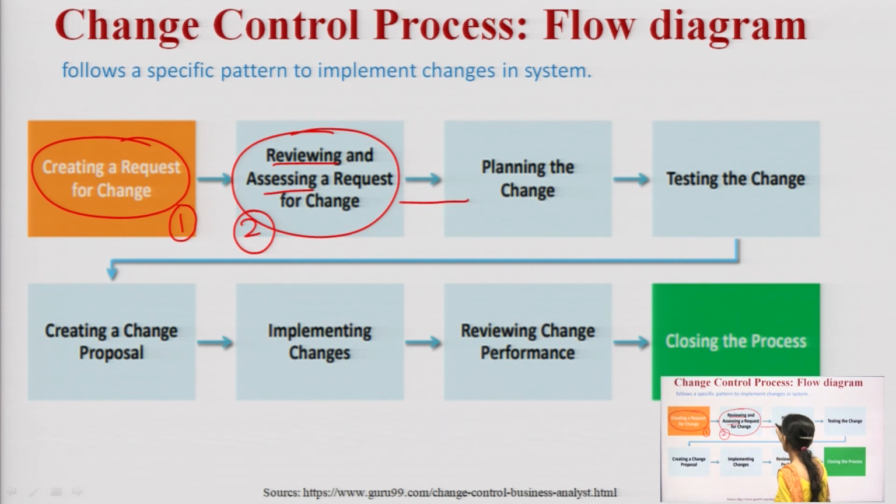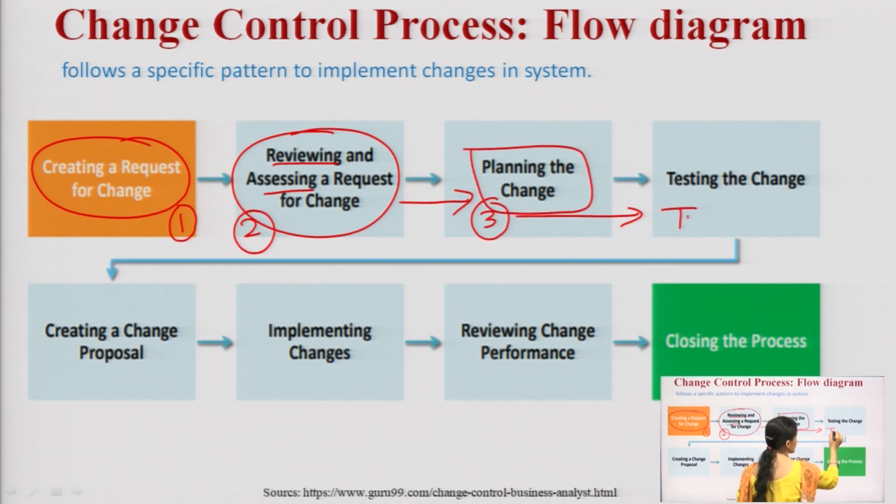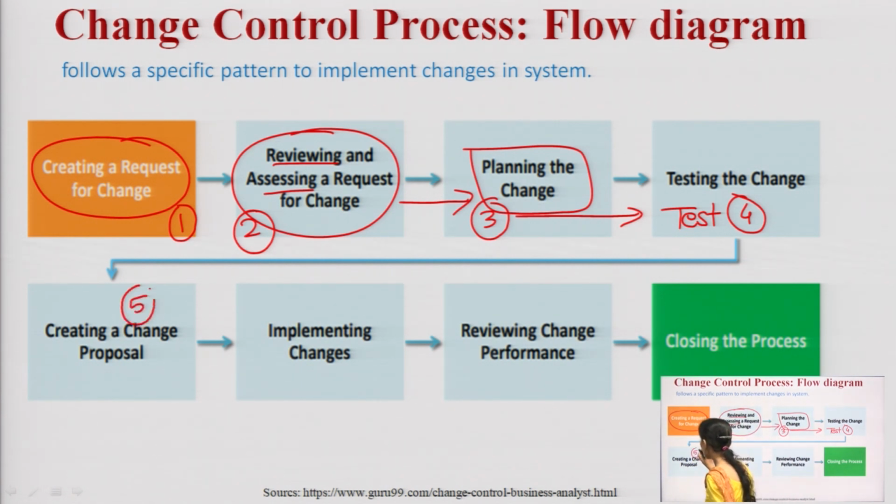Then as per the review, the planning for change occurs, either it is planned or it is not planned. That comes at the third stage. After this, if we have planned this change, then we should test it at the fourth step. After testing, we should create a change proposal in the entire modules.